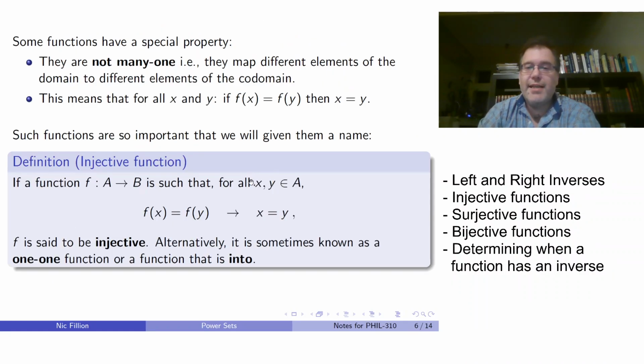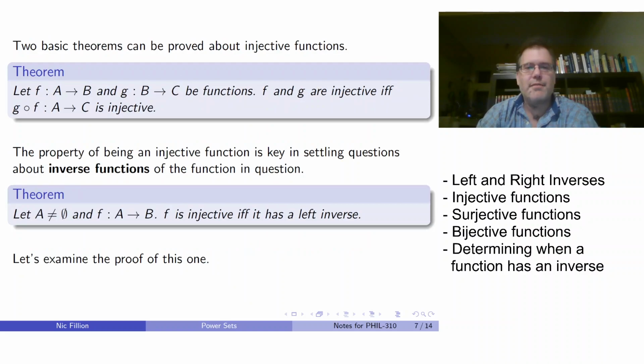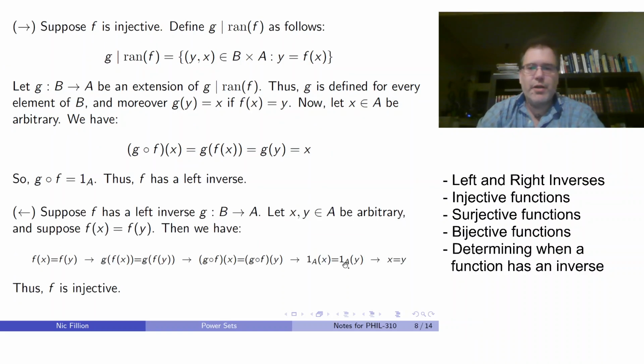It says we take any two objects in A, we suppose that Fx equals Fy, and we try to derive the fact that x equals y as a result. So that's what we're doing here. Take two arbitrary elements, x and y, of the domain of F, suppose that fx equals fy.